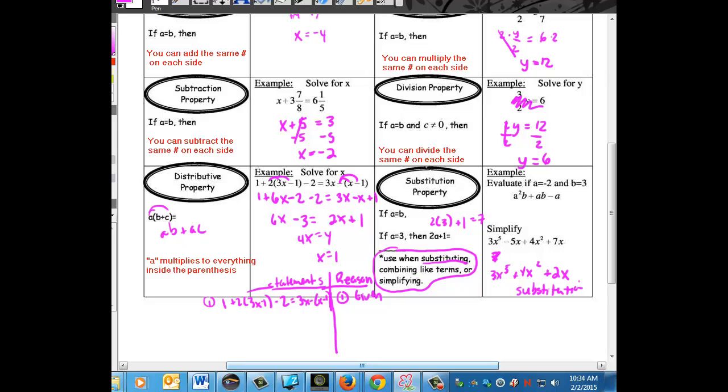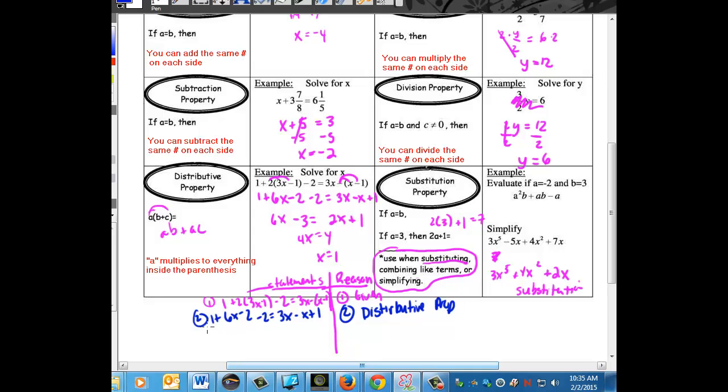From there, we're going to use the distributive property, and we get 1 plus 6x minus 2 minus 2 equals 3x minus x plus 1. And the reason for that, or what we just did, we used the distributive property.